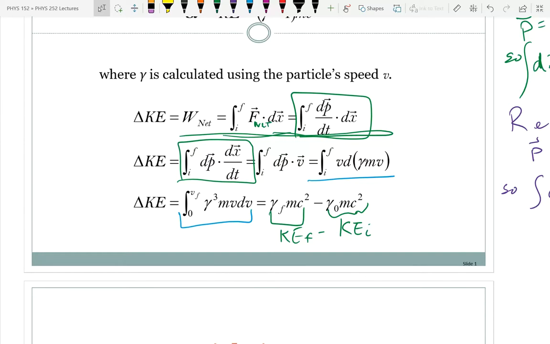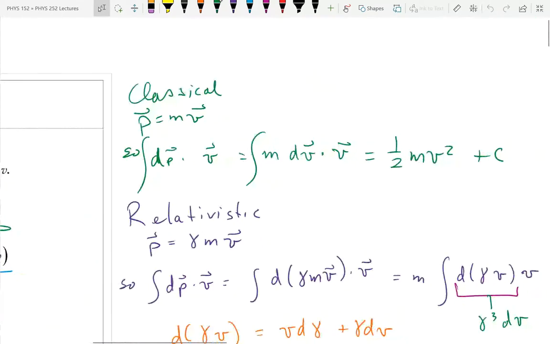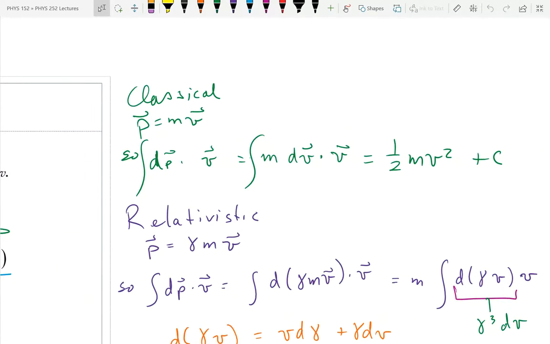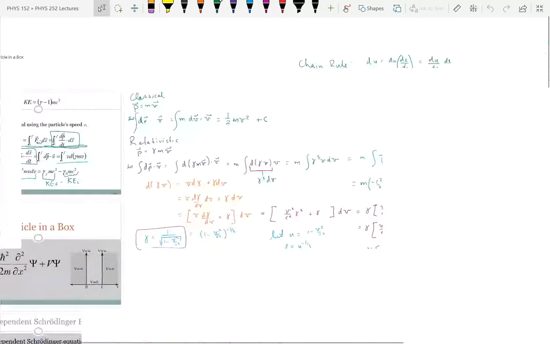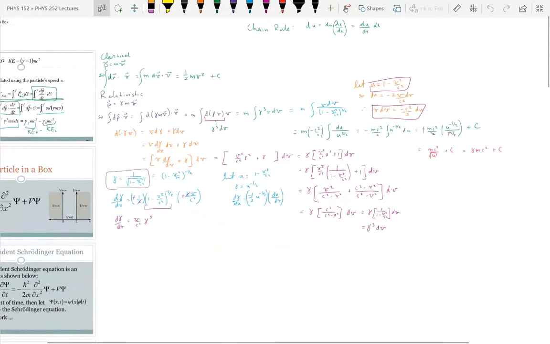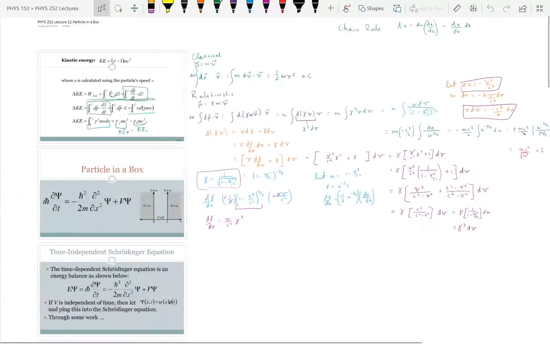So what we have there is the actual math showing that this equation for kinetic energy is legitimately derived using the exact same rules as classical physics, except the classical physics problem was completed in that much space, whereas the relativistic one required quite a bit more space, quite a bit more work. It's more complicated physics.